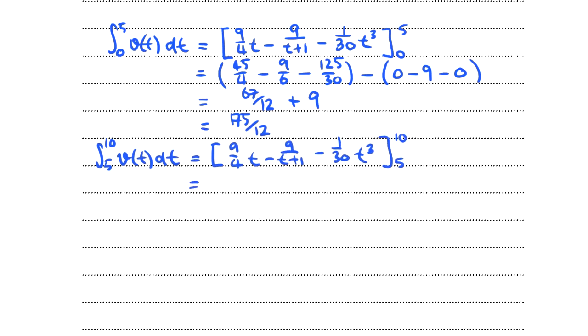We already know what the 5 is when you substitute it. We just have to work out what the 10 is. We end up with 90 on 4 for the first term, minus 9 on 11, minus 1,000 on 30. And for the second term, I think we can just go straight to what we got when we put in the 5, which was 67 over 12.